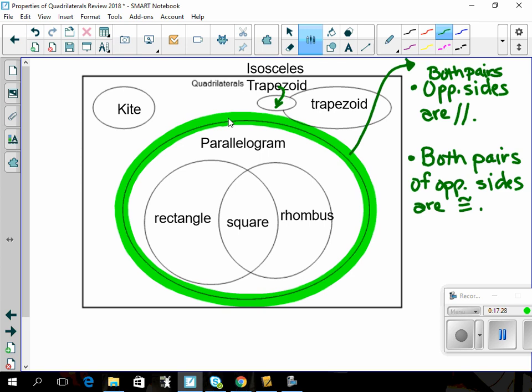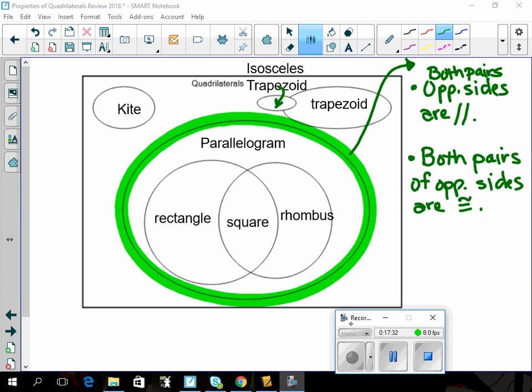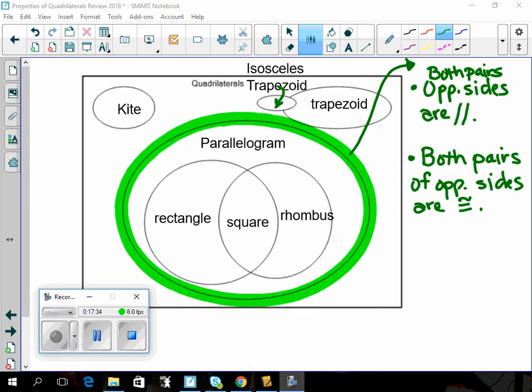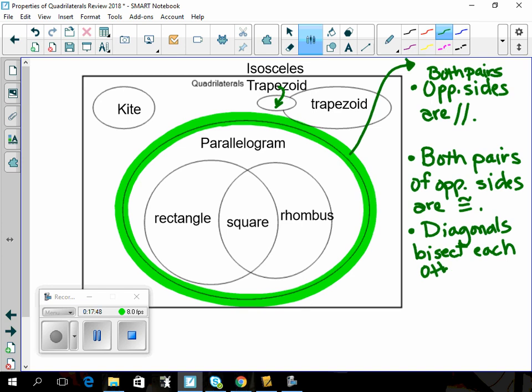All parallelograms have this true. We also have something true about the diagonals. The diagonals bisect each other. What do you think that means? What does bisect mean?